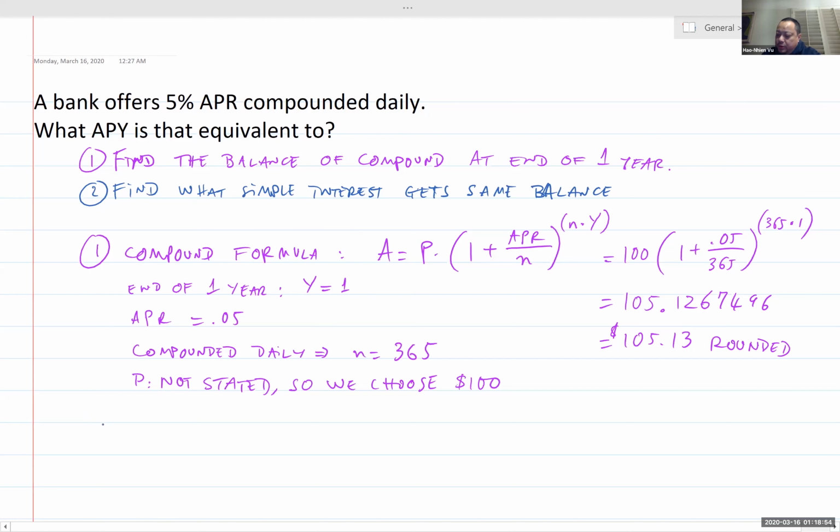So part 2 is what simple interest gets from 100 to $105.13 in 1 year.